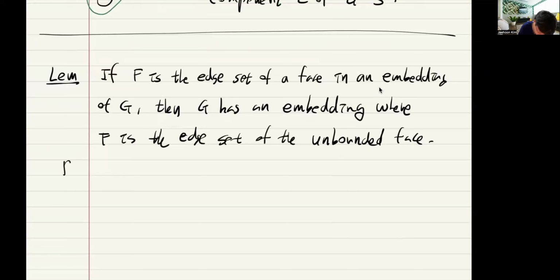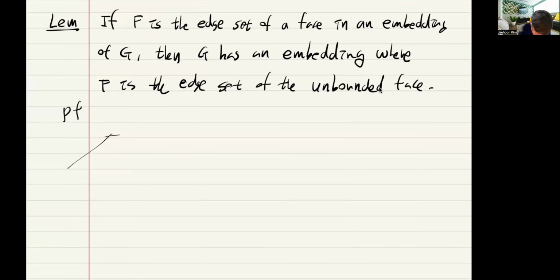So what does it mean? You have an embedding of G. You choose any face. Then you can redraw. You can find another embedding of G so that the boundary of that face, a set of edges, becomes the boundary of the unbounded face.